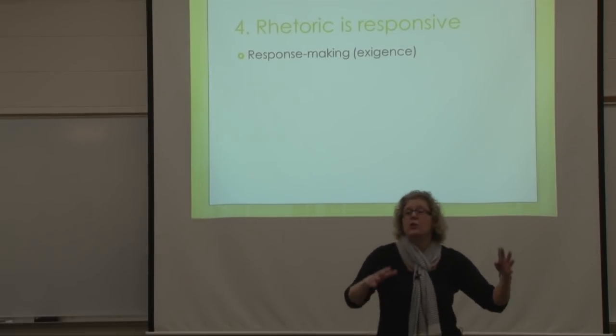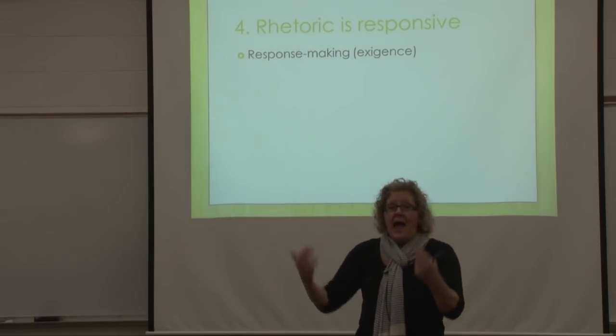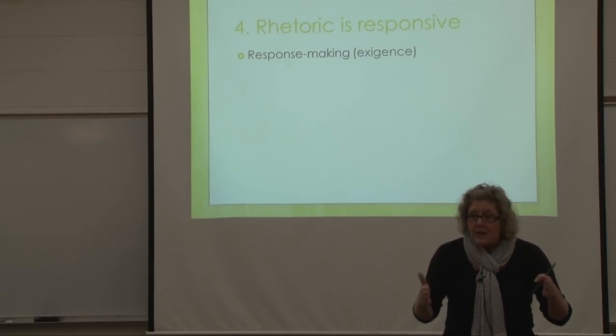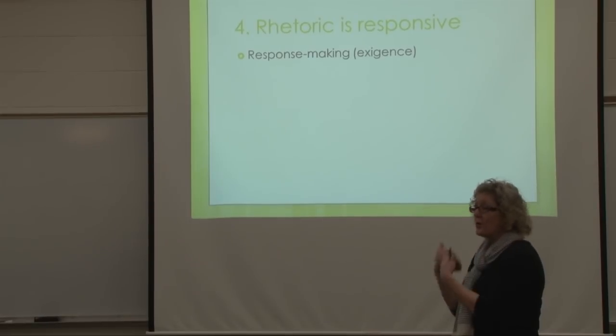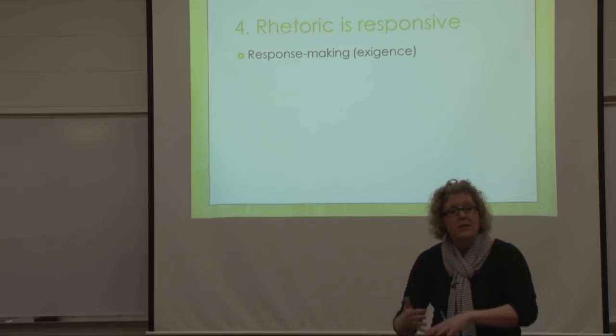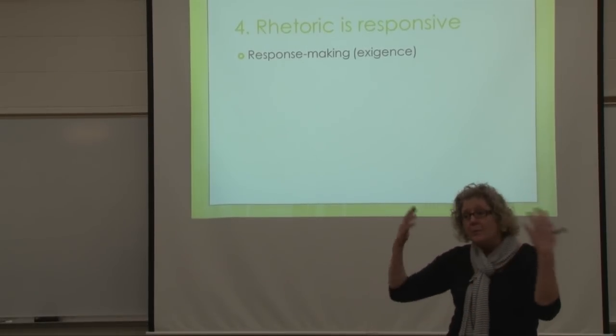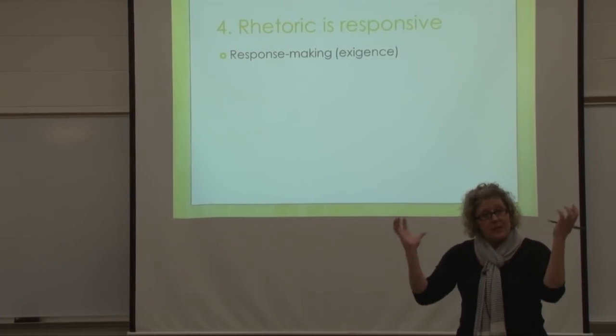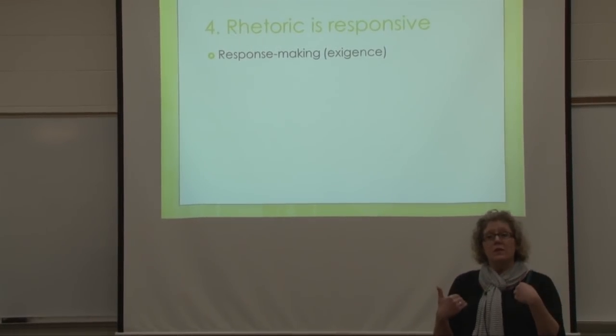So last year, Governor Walker passed or attempted to pass a budget repair bill. That was an exigence that called forth a response for many, many people to protest, to get on buses and go to Madison, to write letters, to email. So that was an exigence that prompted response.